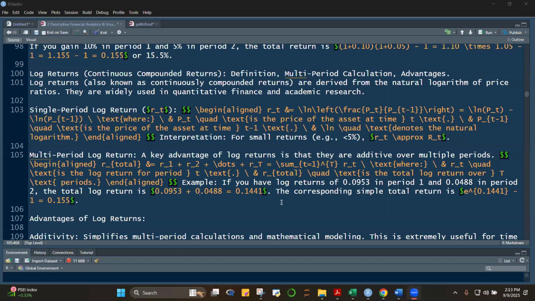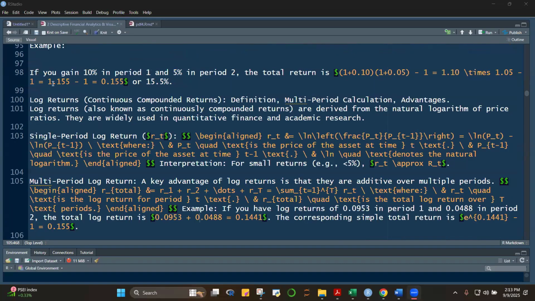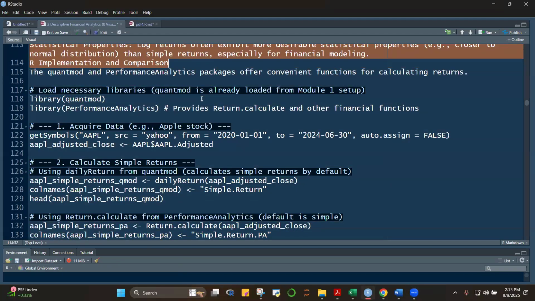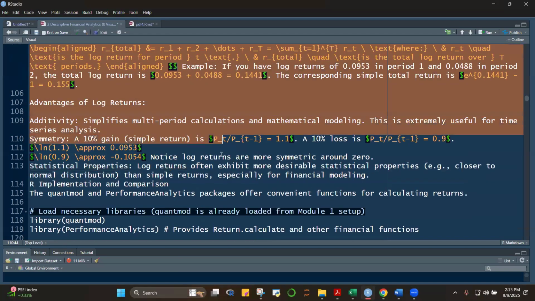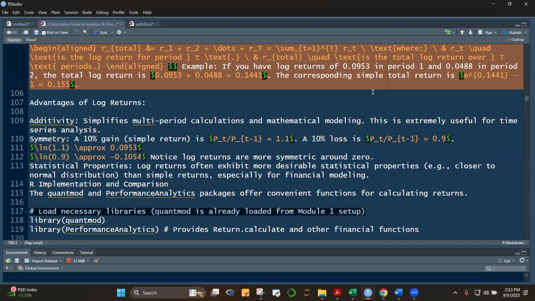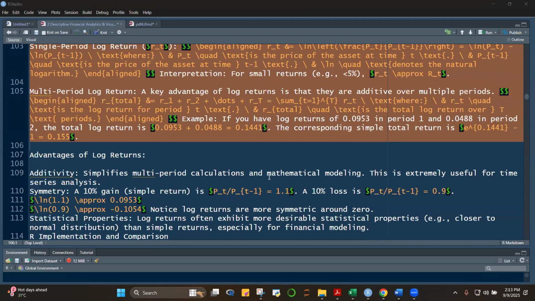Please fix this, class, because this is also in LaTeX. Log returns, multi-period log returns, up to advantages. We're supposed to reach up to this one, but it's okay. It doesn't matter if we didn't get there. We don't want to rush things.